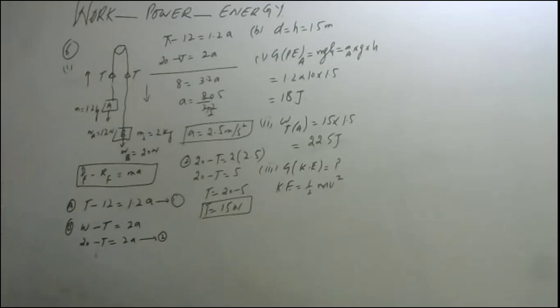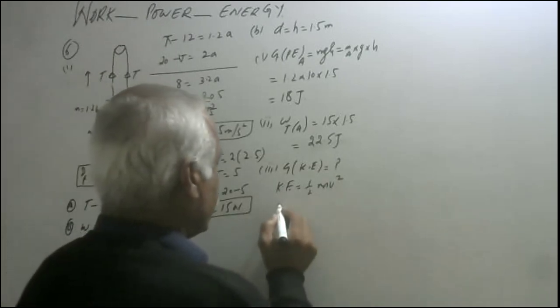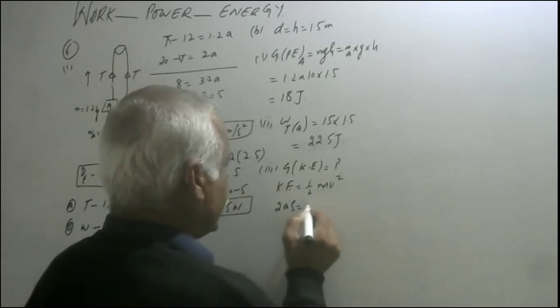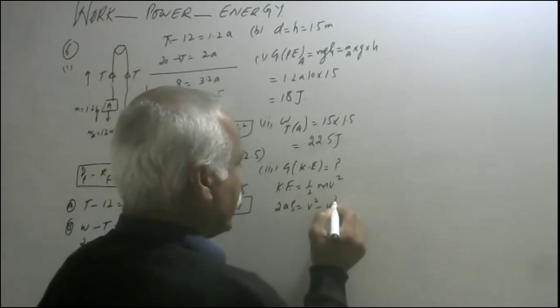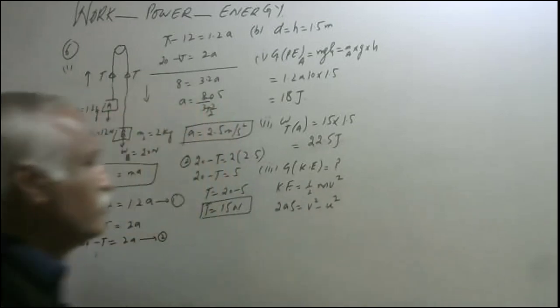Since the particle is going to move 1.5 meter upward, so we can have this equation of motion there. 2as is equal to v square minus u square.